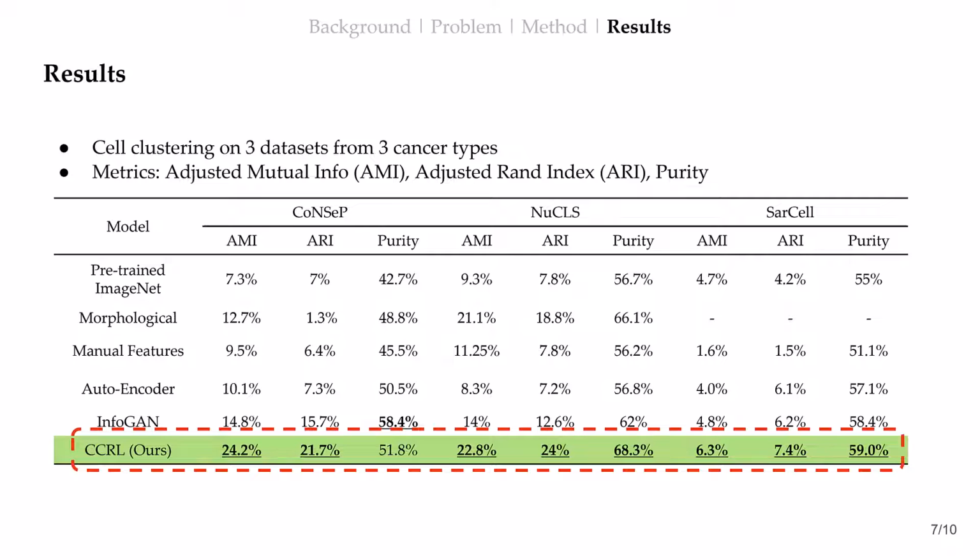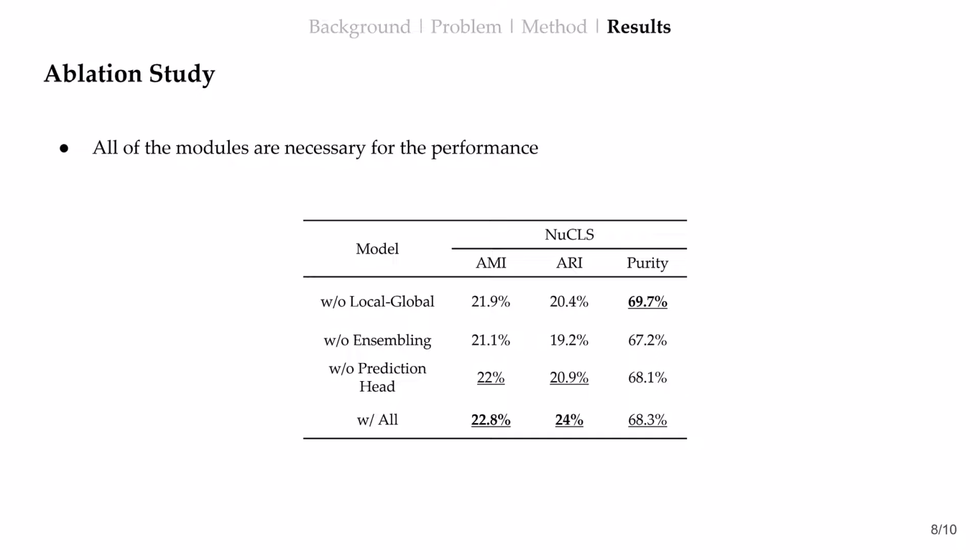And these baselines also include 2 state-of-the-art deep learning models named autoencoder and InfoGAN. Also, we conducted an ablation study on our experiments and saw that all the 3 parts that we talked about, including local to global attention, ensembling, and also the prediction head, can actually be quite important for the performance of the model.